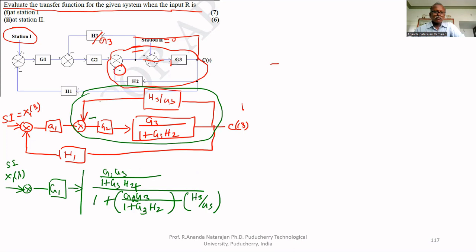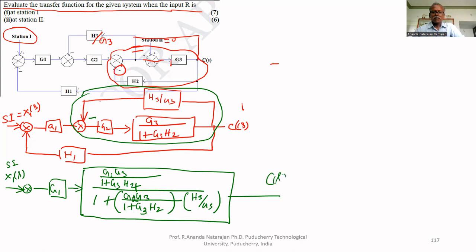This is the simplification of this feedback path. Then one more is there, that is H1. That is also negative feedback.